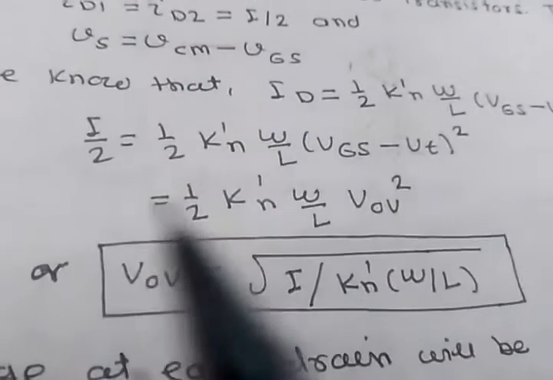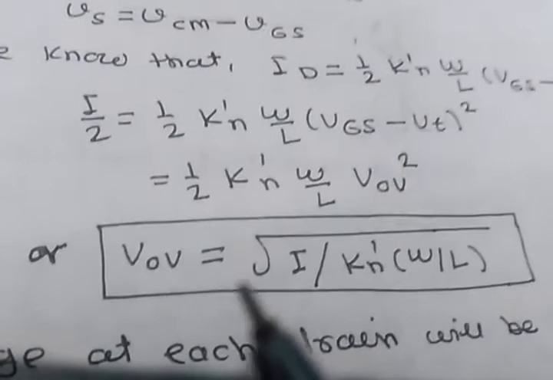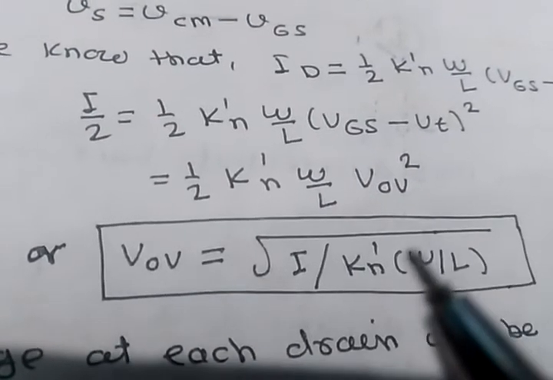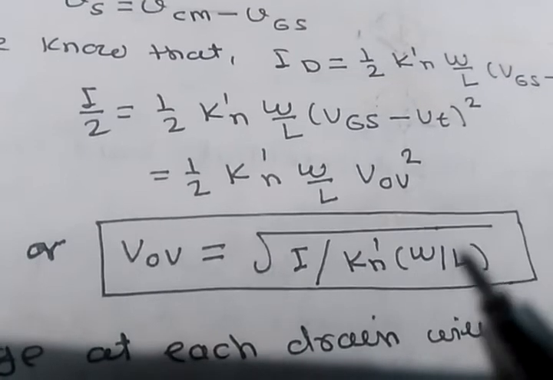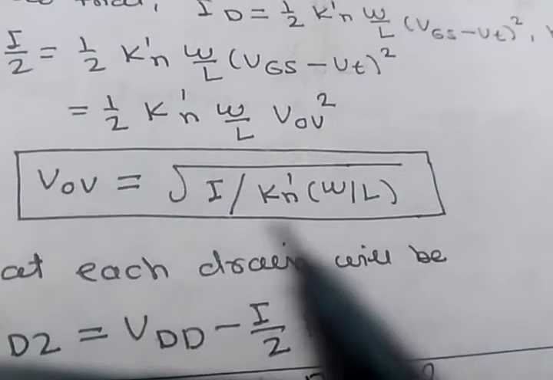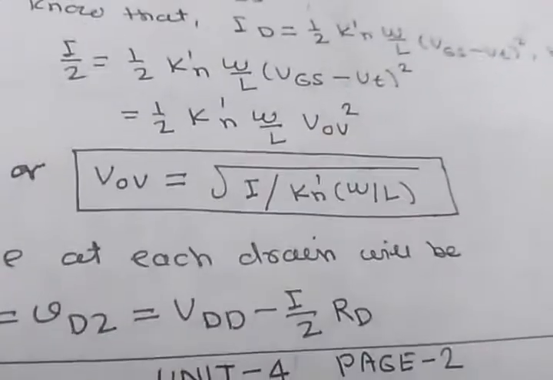So from this equation, we can find the expression for overdrive voltage VOV as under root I upon K dash in bracket W by L. This is the expression for overdrive voltage of MOS differential pair.